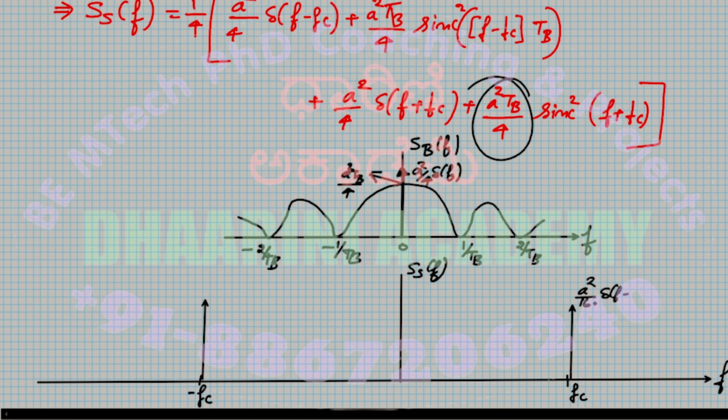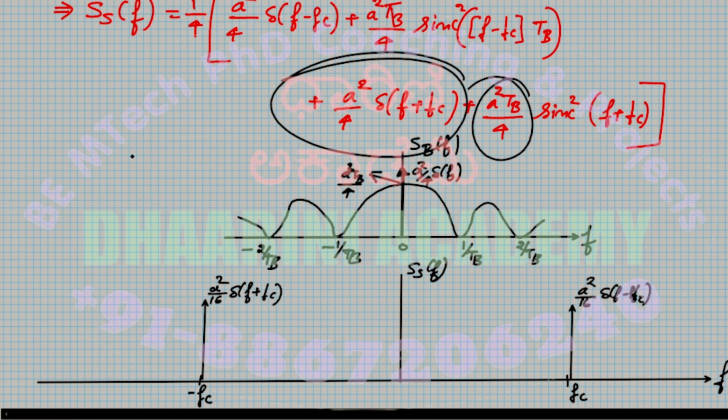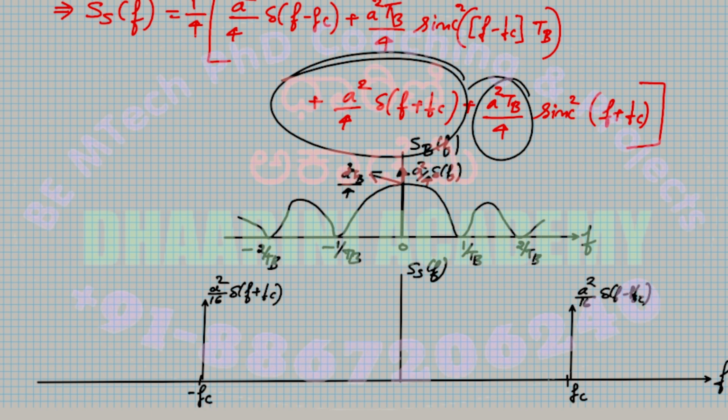So that is A square by 16 delta of f minus fc. Similarly, on this side, I have another function to write, that is A square by 16 into delta of f plus fc. That's the other term I'm writing, multiplied by the 1 by 4.